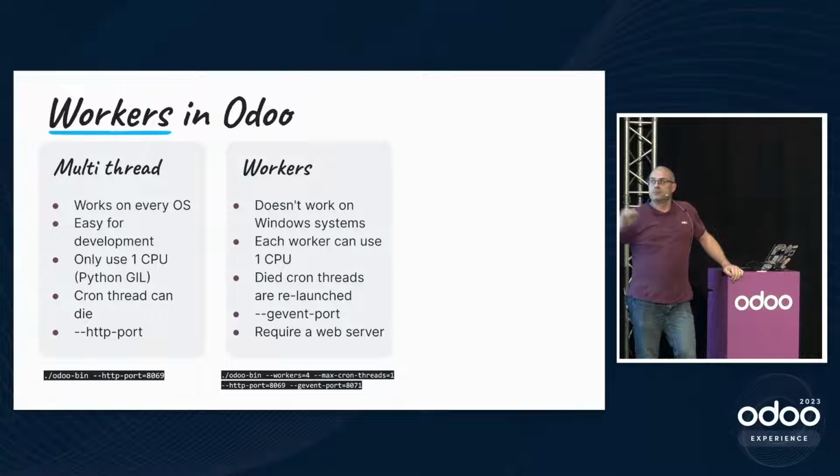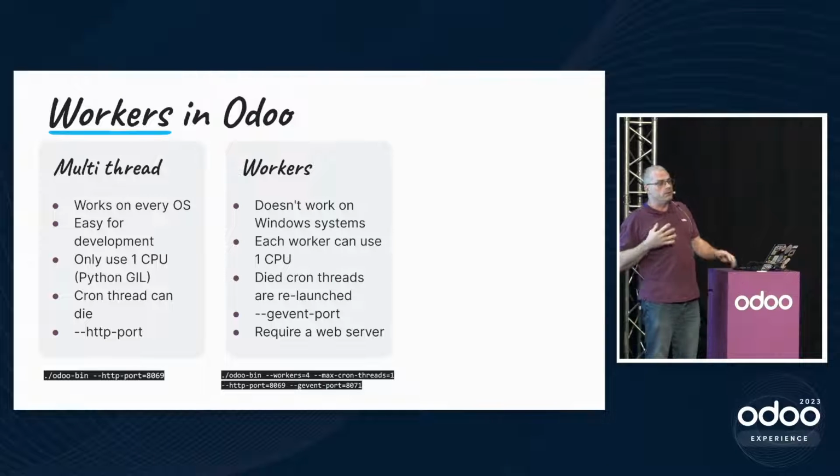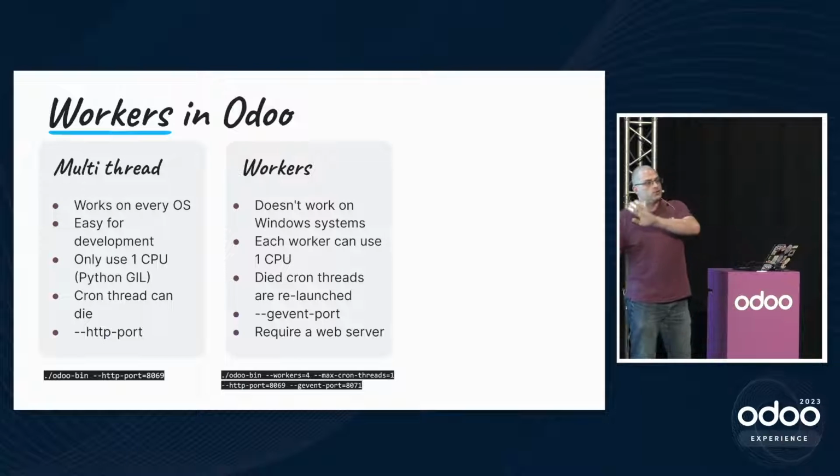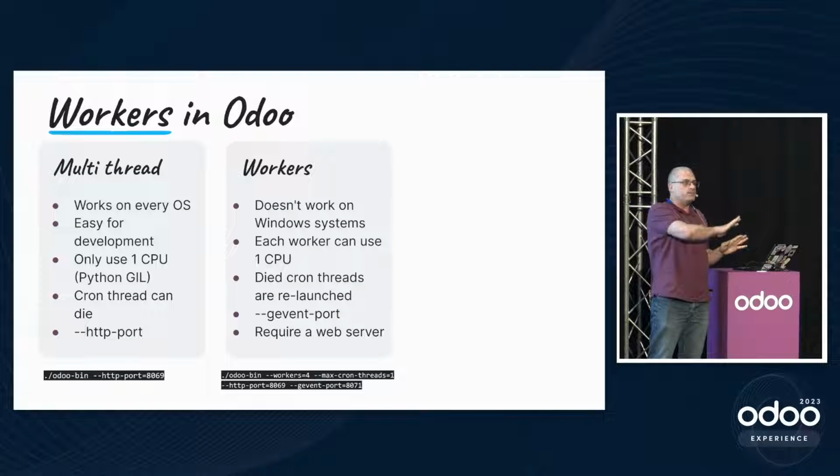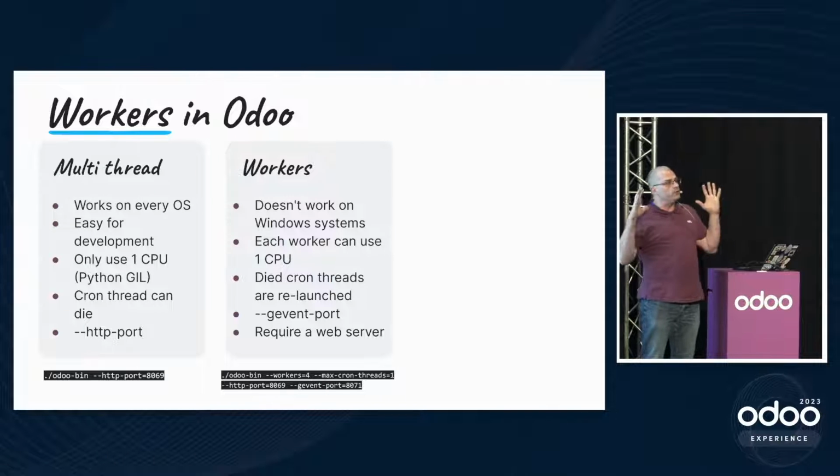When you launch Odoo in this mode, Odoo will not use only one port but two ports. It will also use a second port for the WebSocket. The option is called gevent port. Because Odoo is using two different ports, one for the HTTP request, the other one for the WebSocket request, it's mandatory to deploy a web server in front of it.